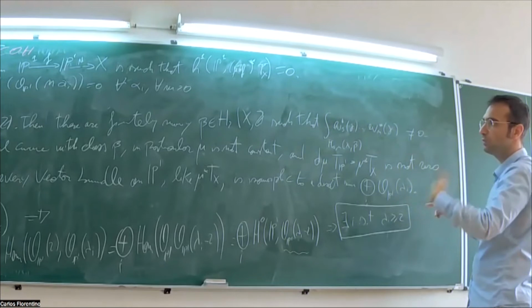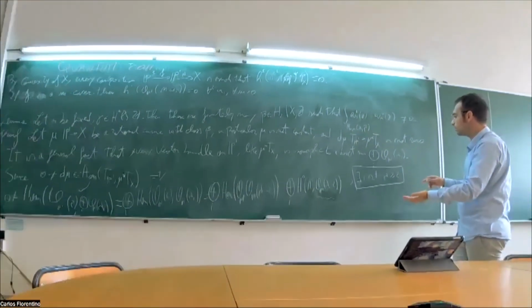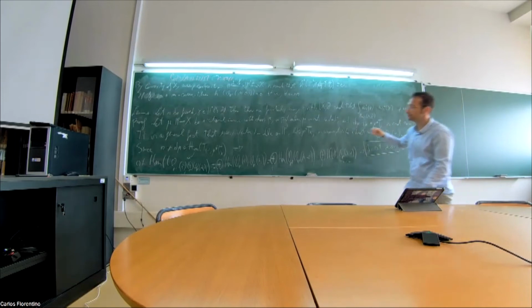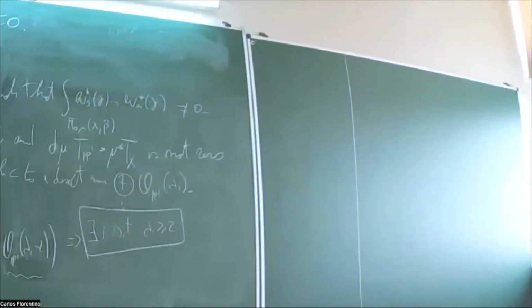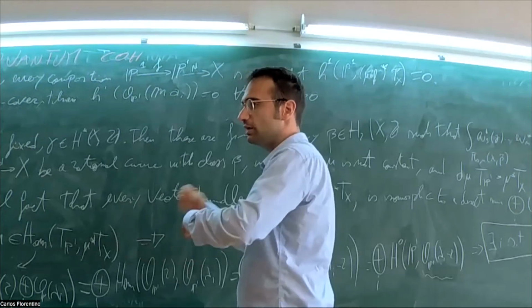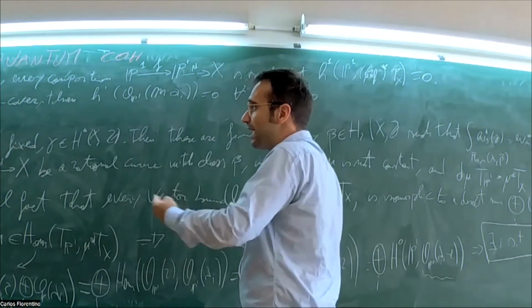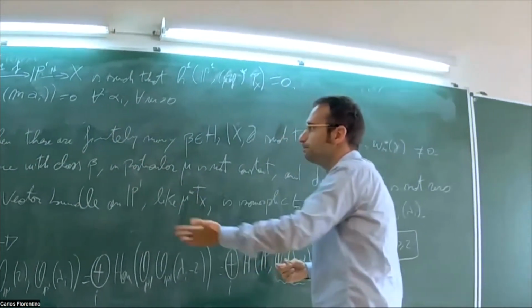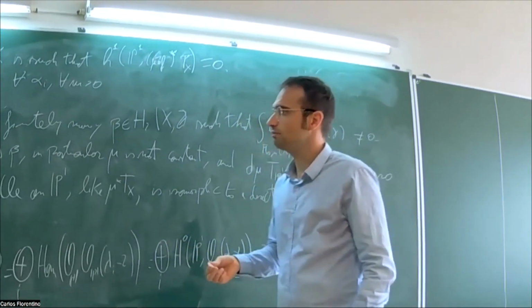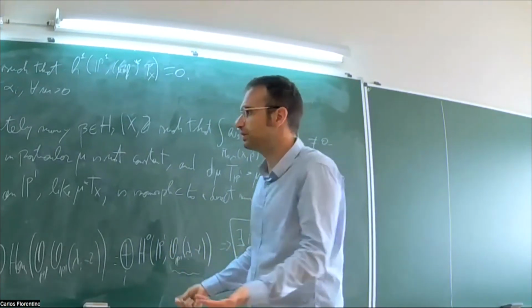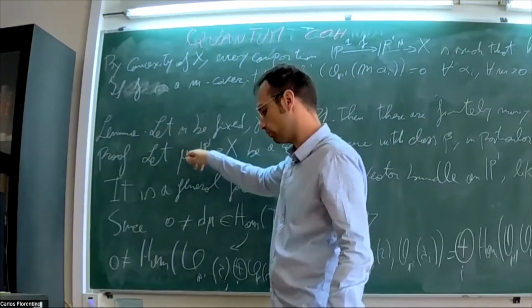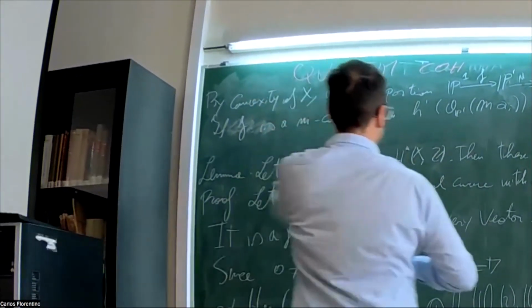If I compose with F, what I get is that this is multiplied by m. The effect of F is just to multiply by m, because F is an m-cover. You get this just by repeating this argument with F composed with mu instead of just mu.